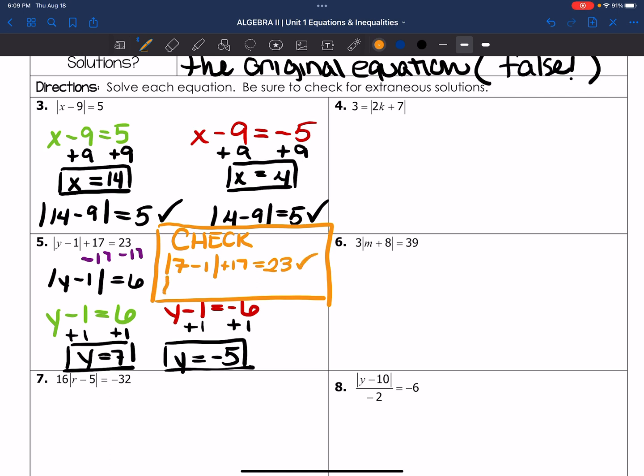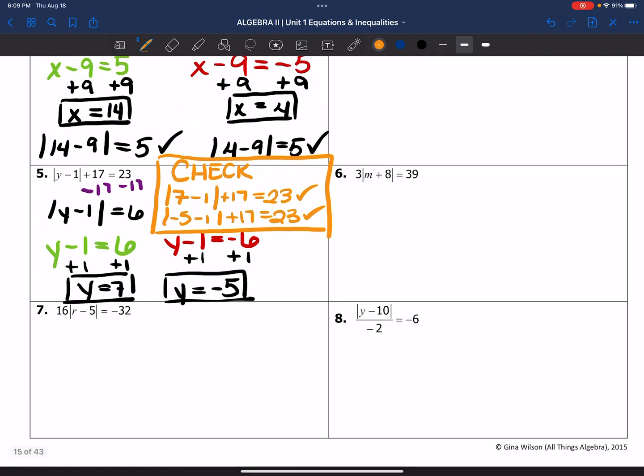If you try the other value, the negative 5, you take the absolute value of negative 5 minus 1. That's going to be a negative 6, but when you take the absolute value of a negative 6, it is 6. And 6 plus 17 is in fact 23. So those are both my solutions.